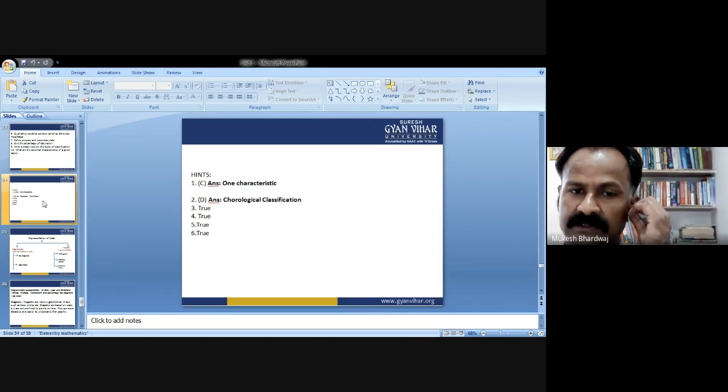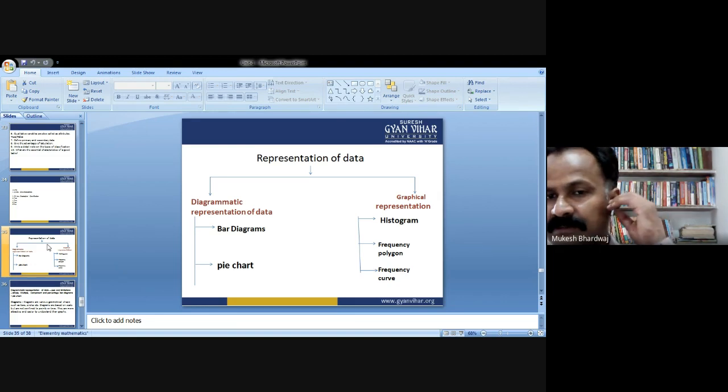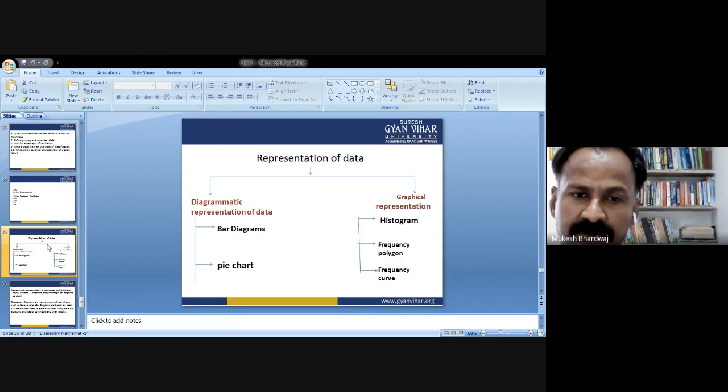So these are the answers of the multiple choice and true or false questions. Now we move to the representation of data. After completing the classification of data, this is the most important topic. How would you like to represent the data? Data is represented in two broad categories.